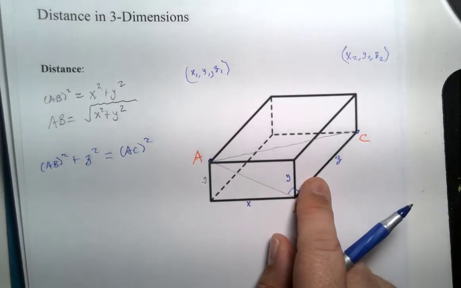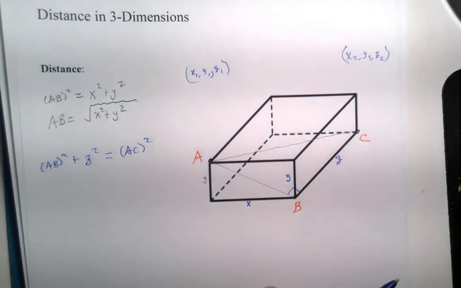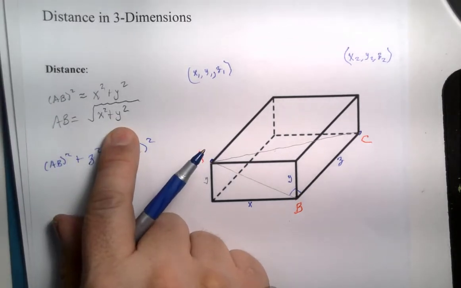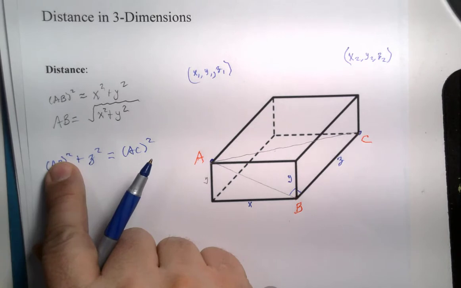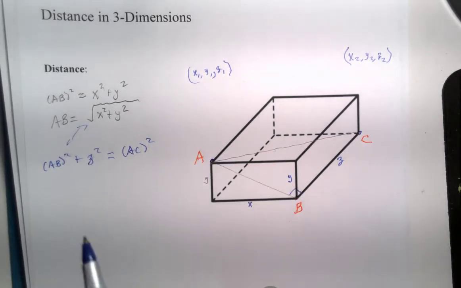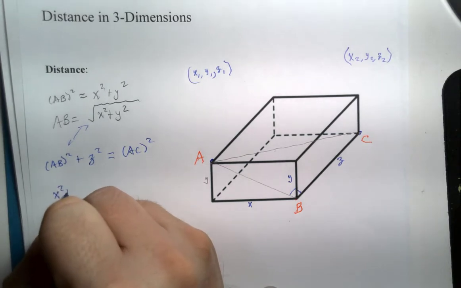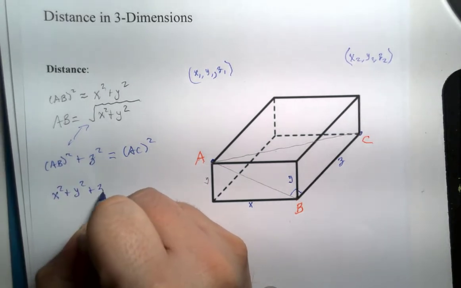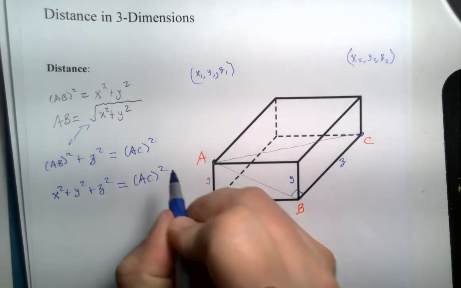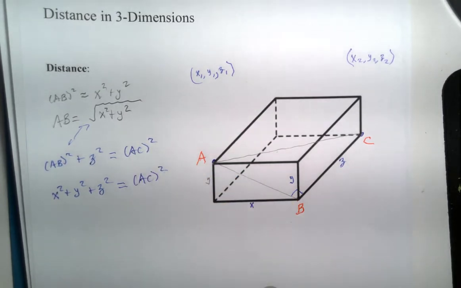Now, let's put it in terms of x, y, and z only. The distance from A to B is the square root of x squared plus y squared, and if I square that, I end up with x squared plus y squared plus z squared is equal to AC squared, my students.